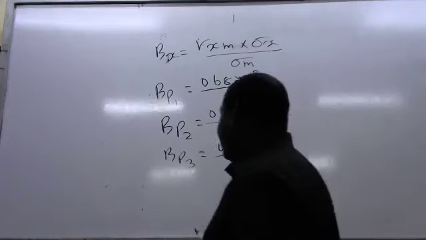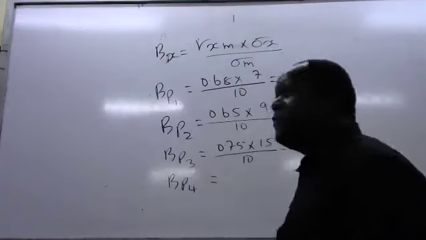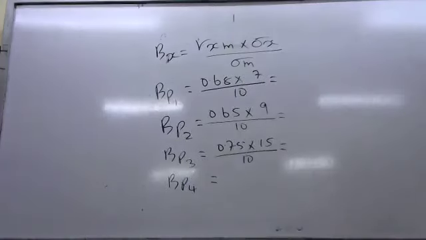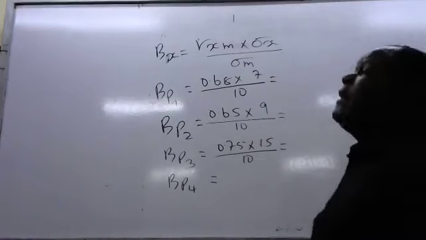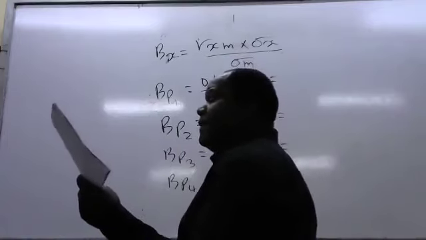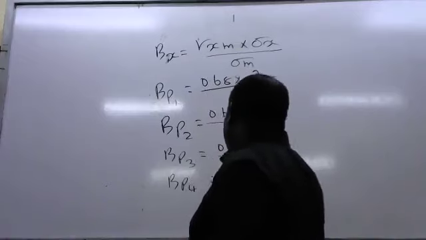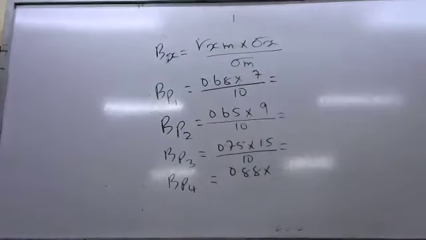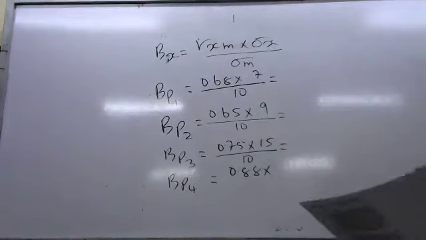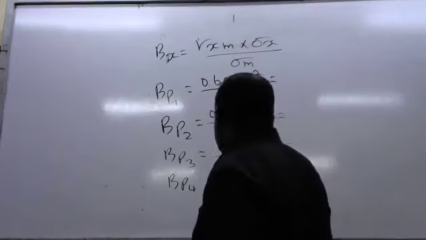Then we also compute the beta factor of project 4. The correlation coefficient between project 4 and the market portfolio was given as 0.88. Then the standard deviation of project 4 is 13, and the market's 10 remains the same.